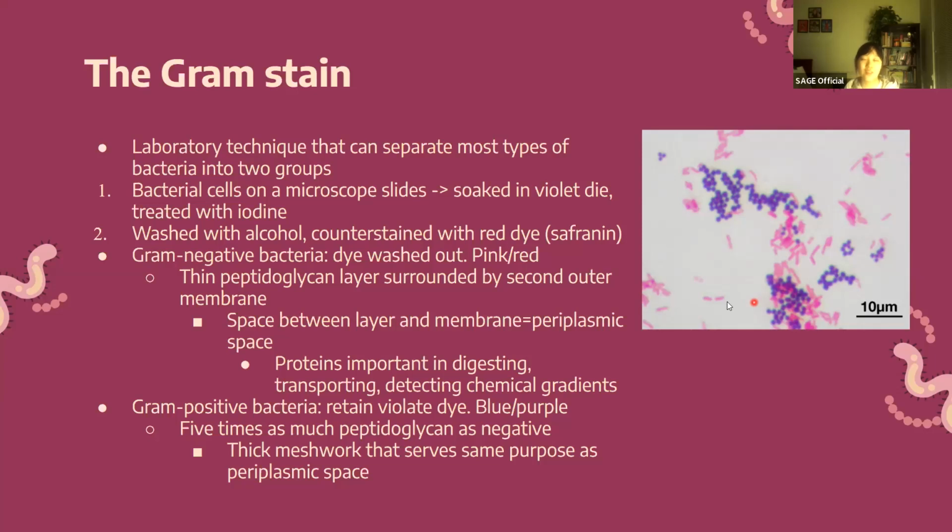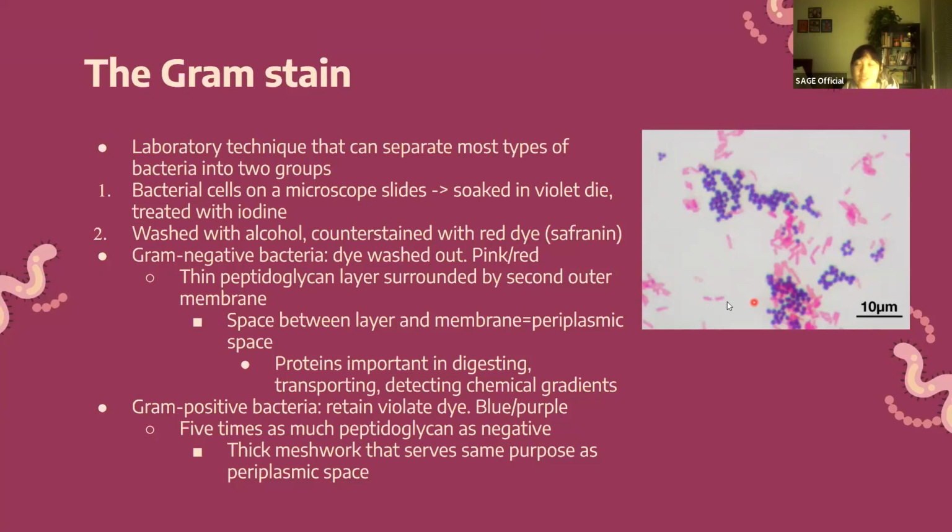The first step is to get the bacteria cells on a microscope slide, and then you soak it in a violet purple colored dye and treat it with iodine. Then the cells are washed with alcohol, and then they're stained again with a red dye, often safranin. I think that's how you pronounce it.